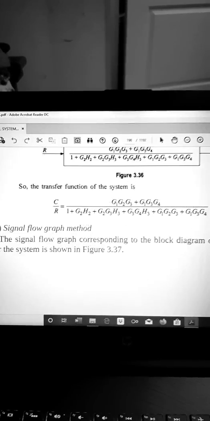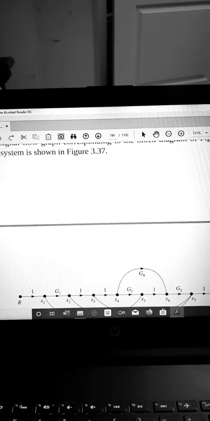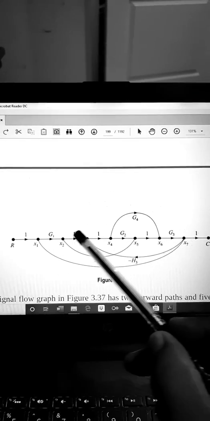Now when you are converting that into a signal flow graph, you will get it like this. As you are aware, there is one forward path and a second forward path, and how many loops?